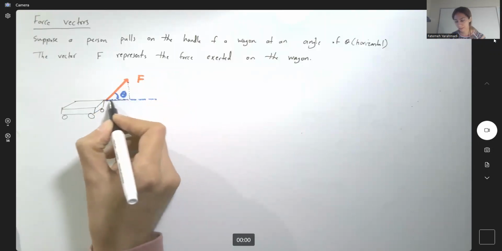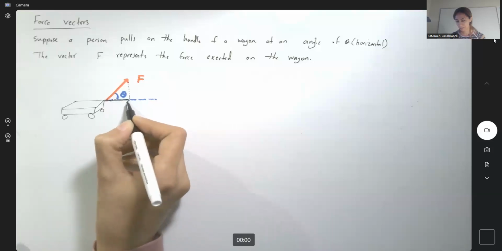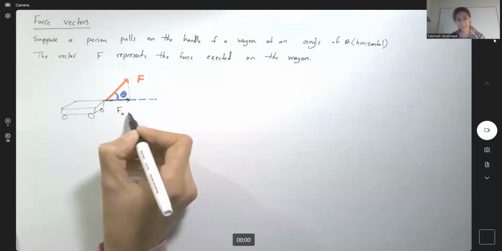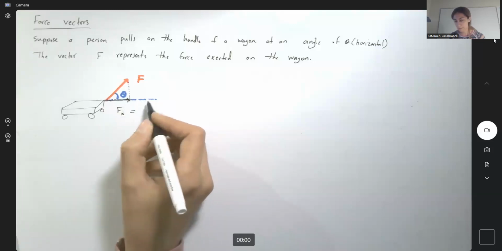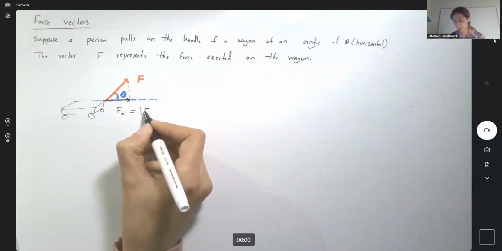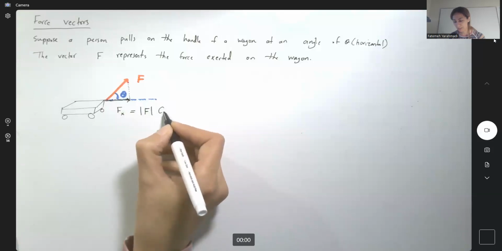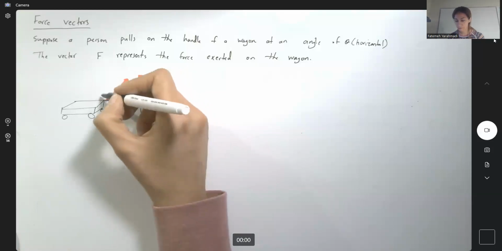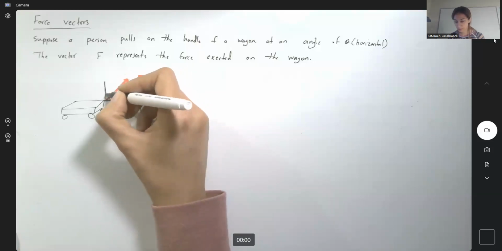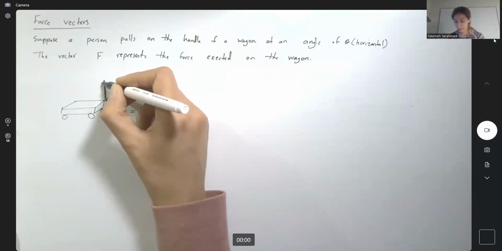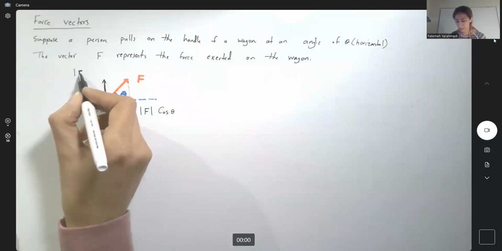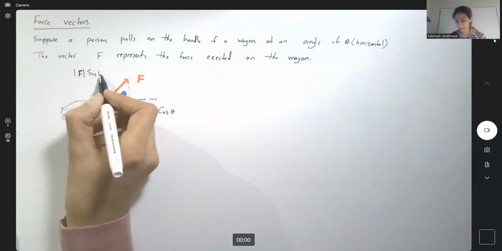The horizontal component we denoted by F sub x, which is basically taking the magnitude of the force itself times cosine theta. The vertical component is going to be written as the magnitude of F times sine theta.